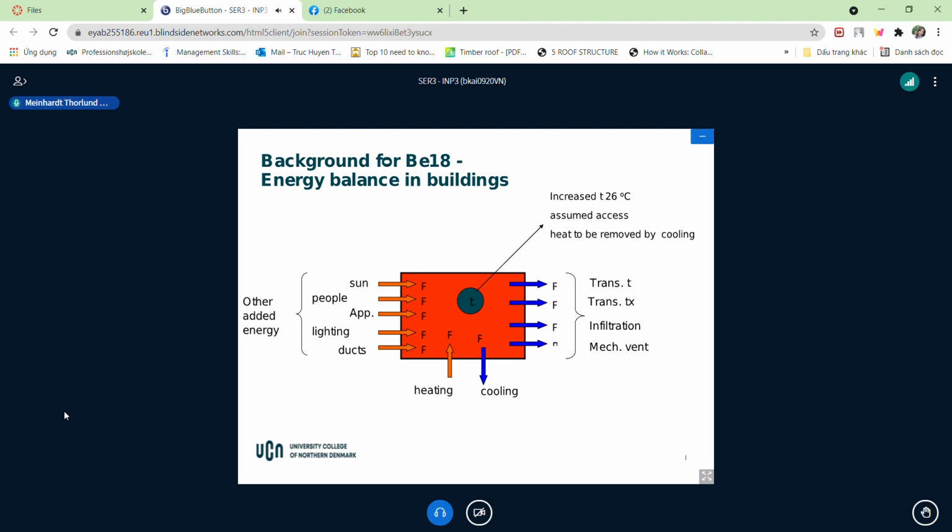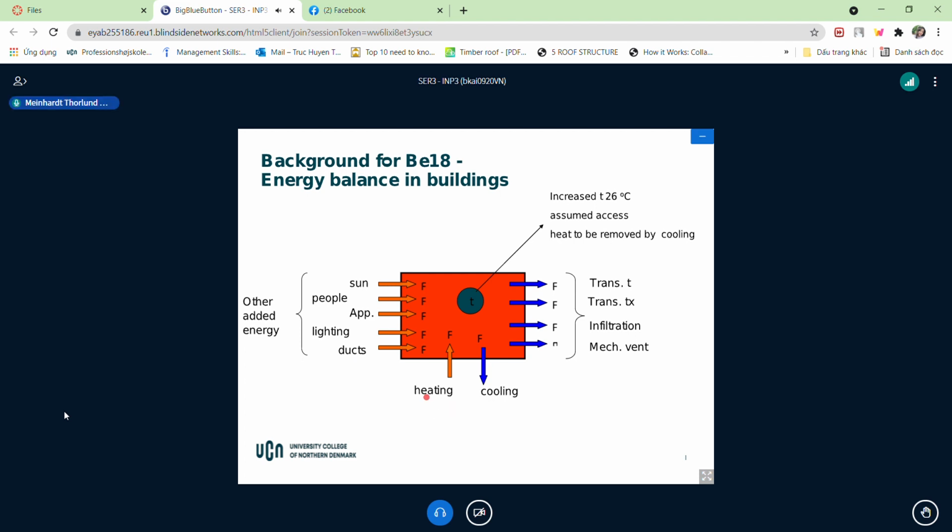So what does this program do? Basically, it makes a calculation of all the energy added to the building, like the sun, how much energy is getting added throughout the year by the sun, how much energy is getting added by the people, by equipment, light, and from the ducts, basically ventilation.